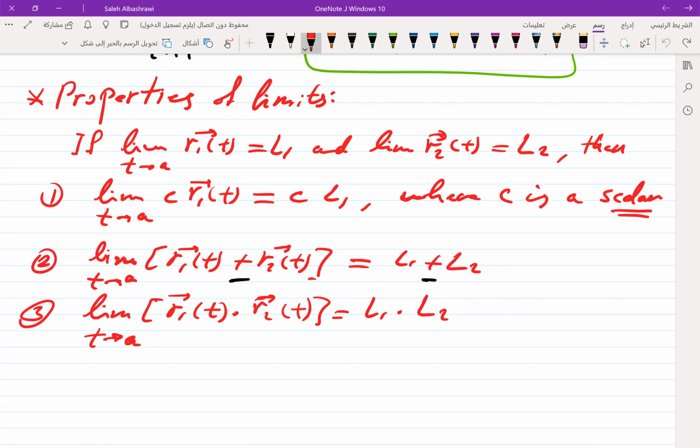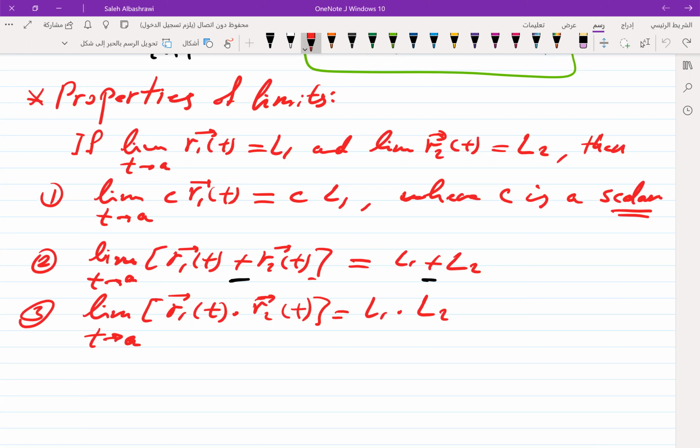Bismillahirrahmanirrahim. In the last part we spoke about the limit of a vector function, and we gave an example of how to find the limit of a vector function by finding the limit of each one of the components. And we gave the properties of the limit. I stated all of them.